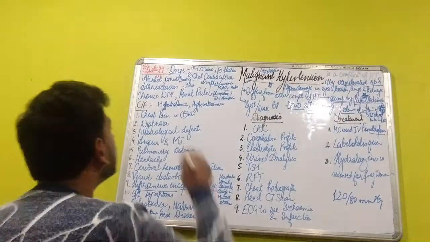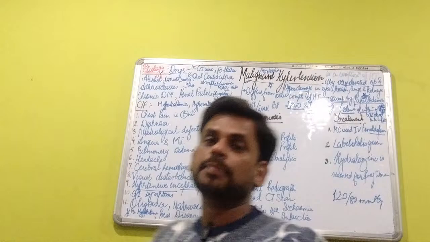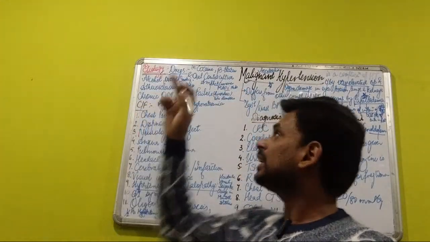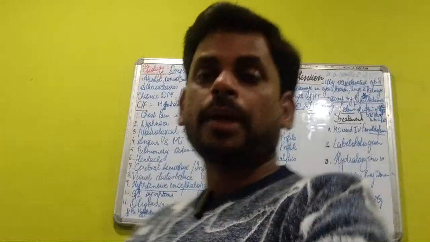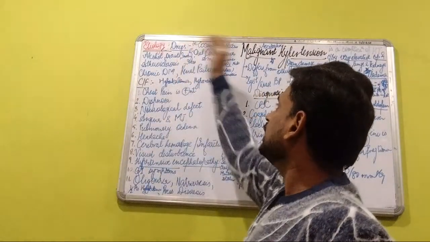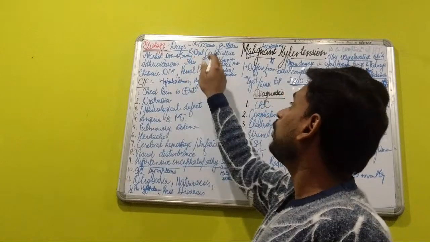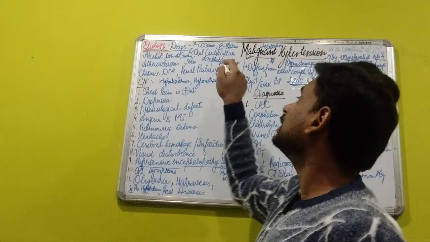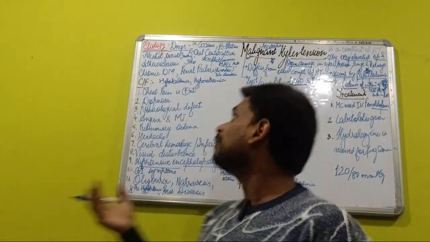Now looking at the etiology of malignant hypertension, there are certain chemicals such as cocaine. Those people who are abusers of cocaine are at risk. Apart from this, there are certain medications such as beta blockers, amphetamines, and monoamine oxidase inhibitors that can predispose to malignant hypertension.